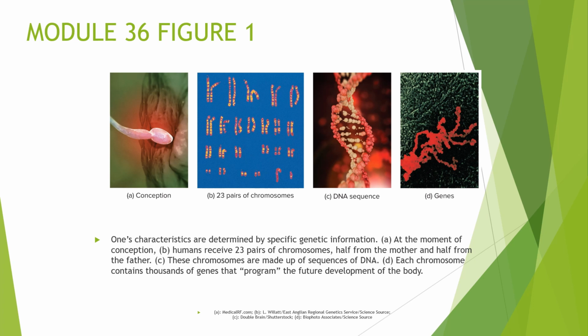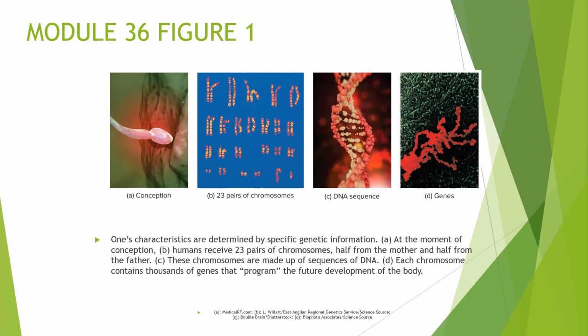Okay, 23 pairs of chromosomes, half from your mother, half from your father. Letter C figure, that's your DNA sequence. And in letter D, each chromosome contains thousands of genes that actually help in construction of future development of the body.